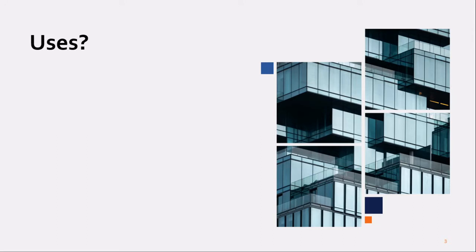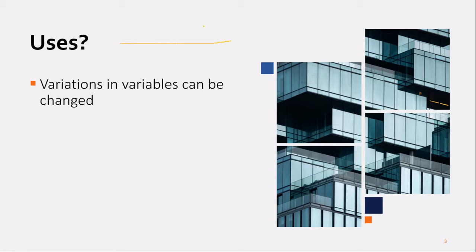Now, why do we need variable transformation? The first thing goes like this: variations in a variable can be changed. What do we mean by variations in a variable? Let's say you have 100 records in a column in kilometers. 90 records are in kilometers, like 5 kilometers, 10 kilometers, 20, something like this, and the last 10 records are in miles.